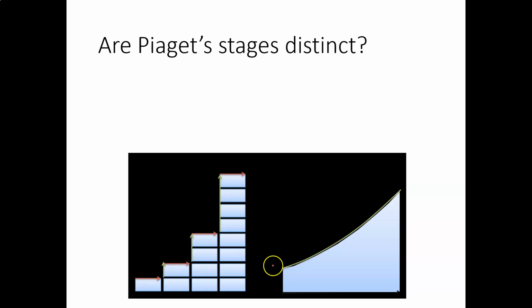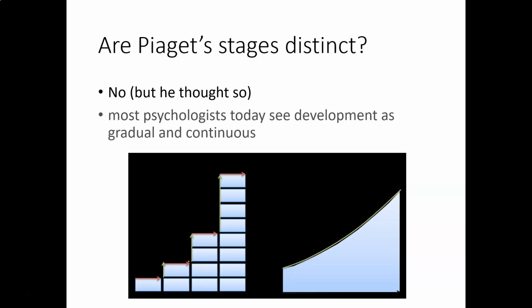However, most psychologists recognize that development is much more gradual. It is not a stepwise perspective. And so they see development as gradual and continuous, which is contrary to what Piaget believed and argued.